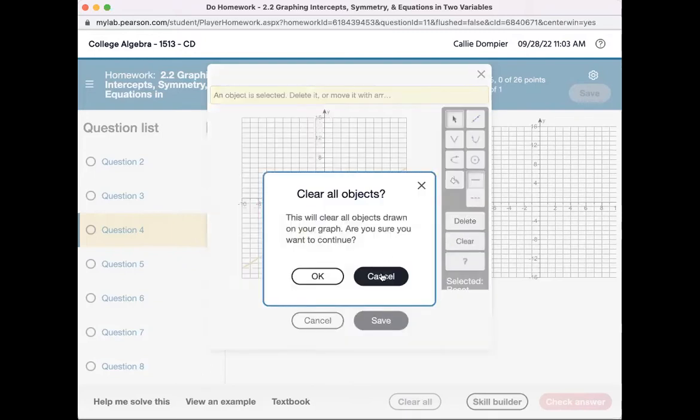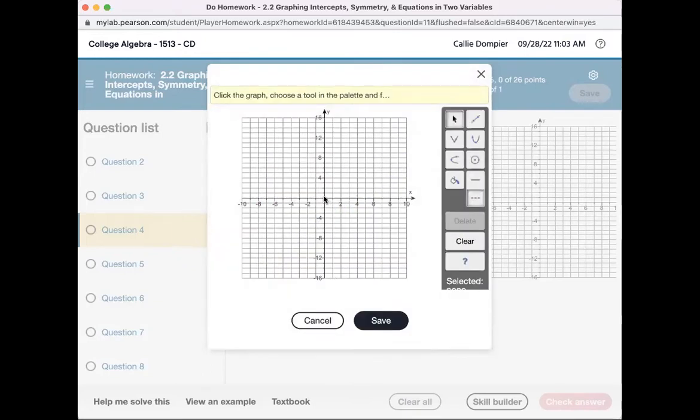If your only intercept is at 0, 0, that's okay. Then just pick some other part of your line. But if they're asking for intercepts, they're going to want both of them. And never try to plot 3 points, and make sure you know how to clear it.